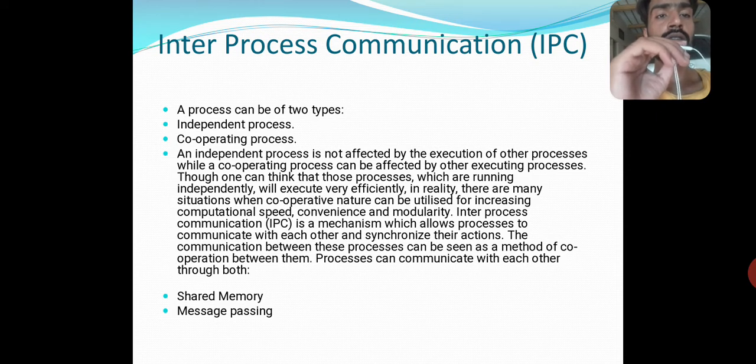Though one can think that processes running independently will execute very efficiently, in reality there are many situations when cooperative nature can be utilized for increasing computational speed, convenience, and modularity.